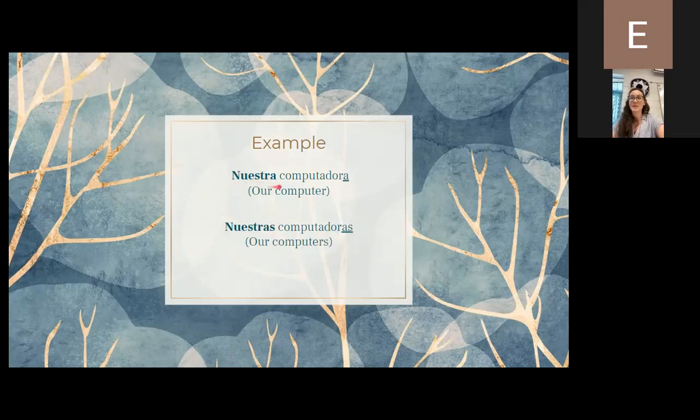So we picked nuestra and nuestras, which are both feminine. And computadora up top is singular, so we have to pick the feminine and the singular form of our, which is nuestra. Computadoras is feminine and plural, so we pick the feminine plural option.